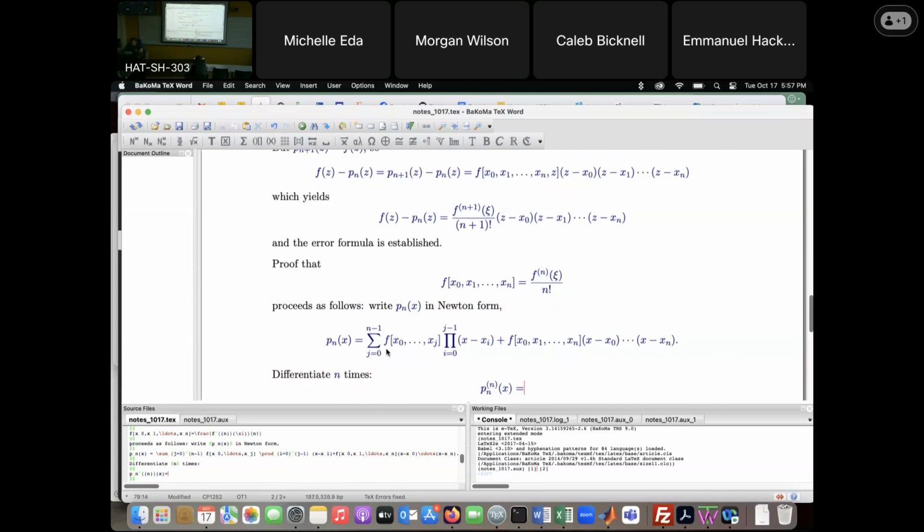Now, this right here is a polynomial of degree n minus 1. What happens if I take the nth derivative of a polynomial of degree n minus 1?